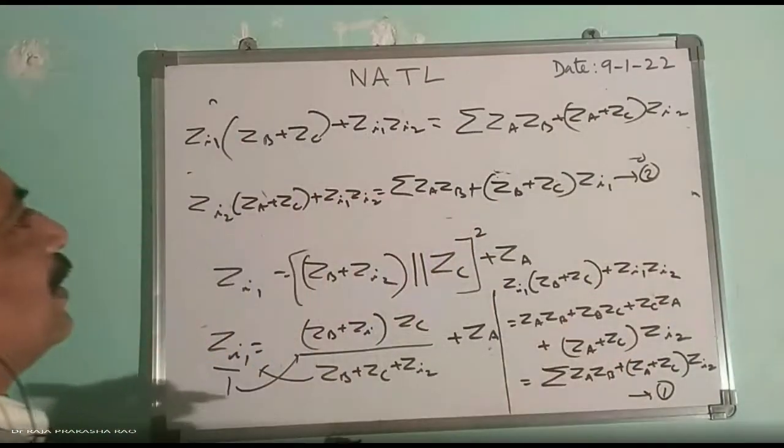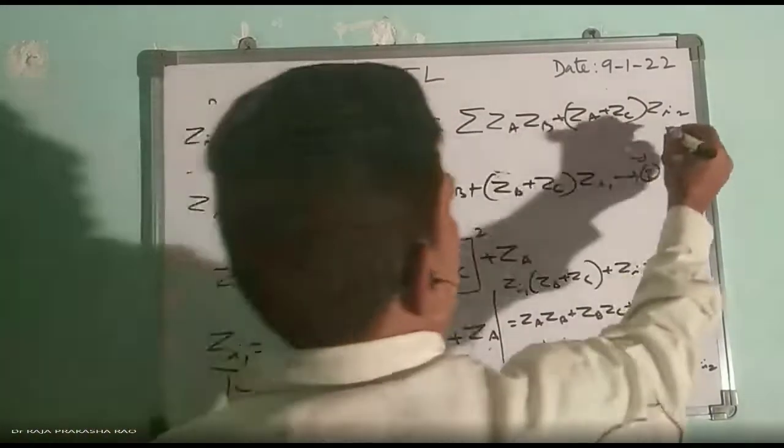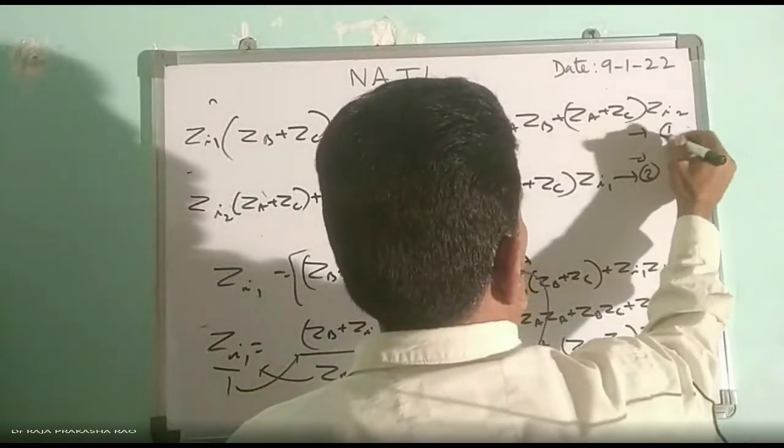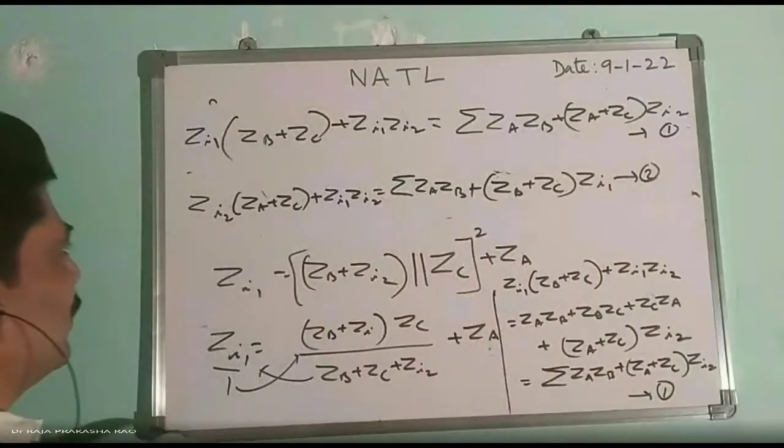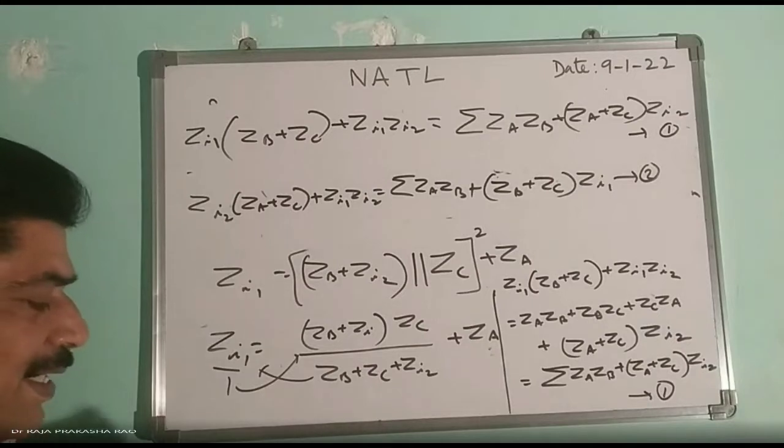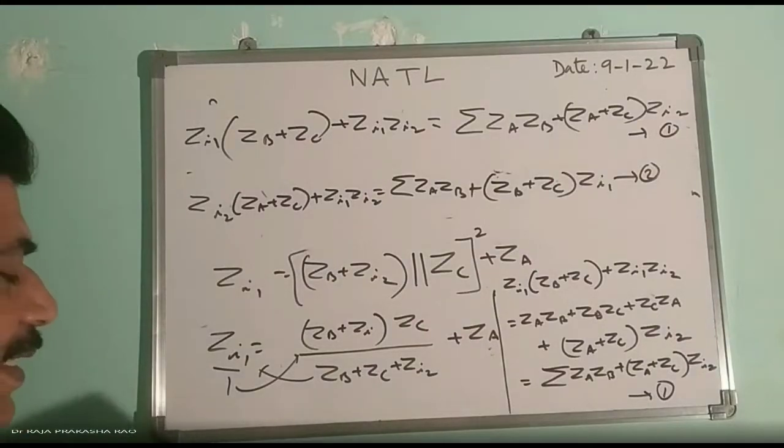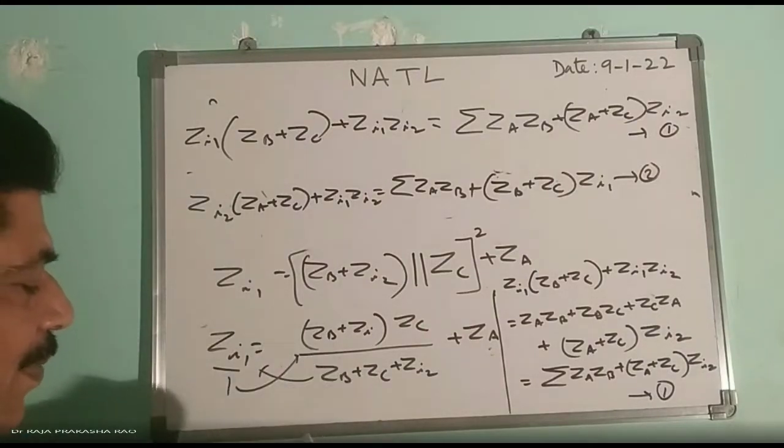Okay? This is equation number 1 and this is equation number 2. So from these two equations, let us find out ZI1 and ZI2 in terms of ZA, ZB and ZC.